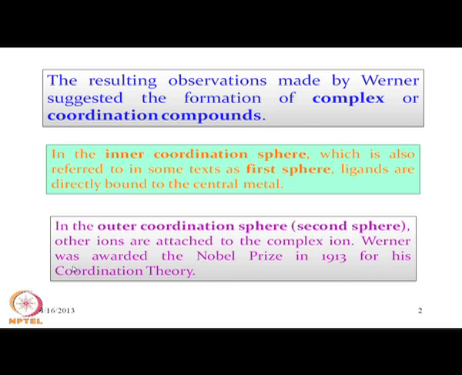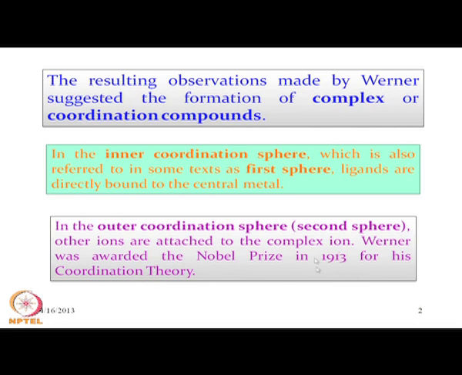Alfred Werner during this particular period, and for that particular reason he was awarded the Nobel Prize in Chemistry in 1913 for his contribution in coordination theory, or theory developed for the identification of different coordination complexes or coordination compounds.